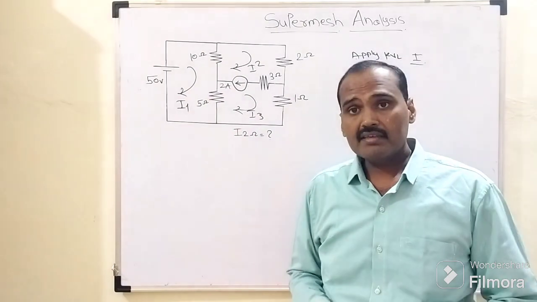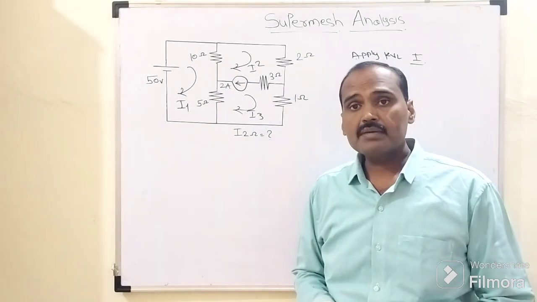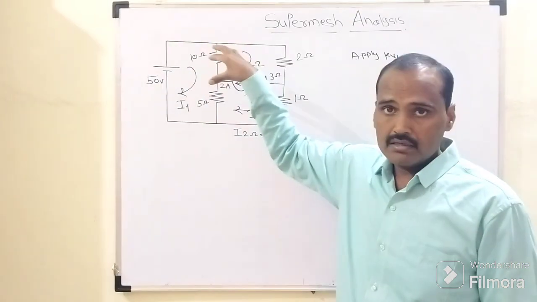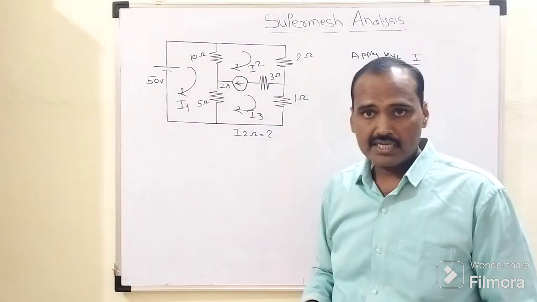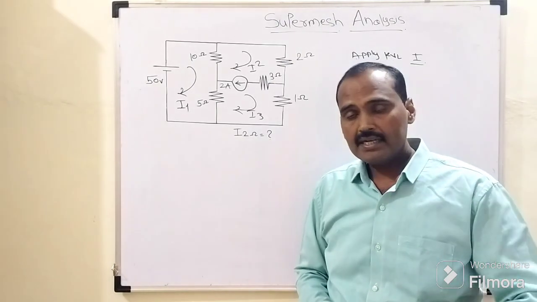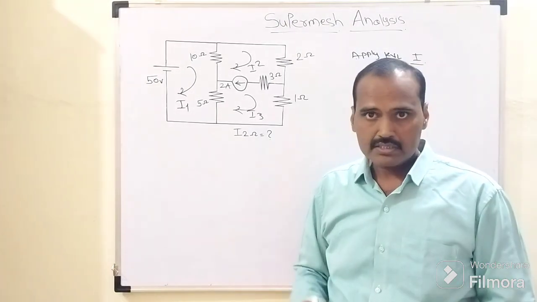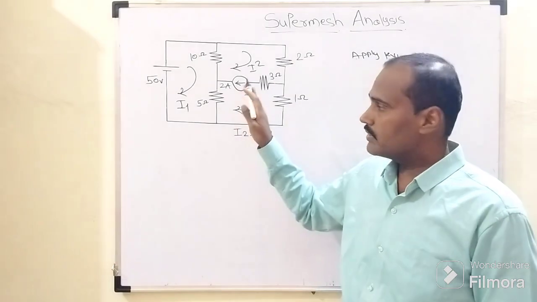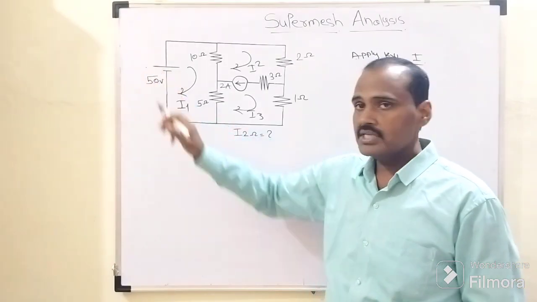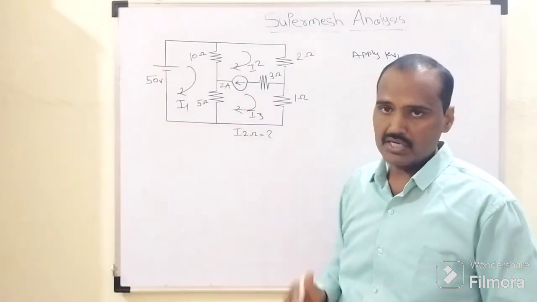Another important thing to understand is that there are two types of energy sources generally located in an AC or DC network: dependent and independent energy sources. In this network we have one voltage source and one current source.